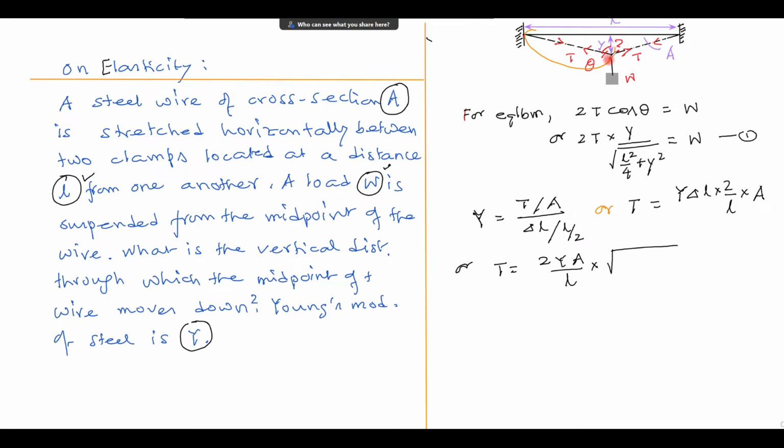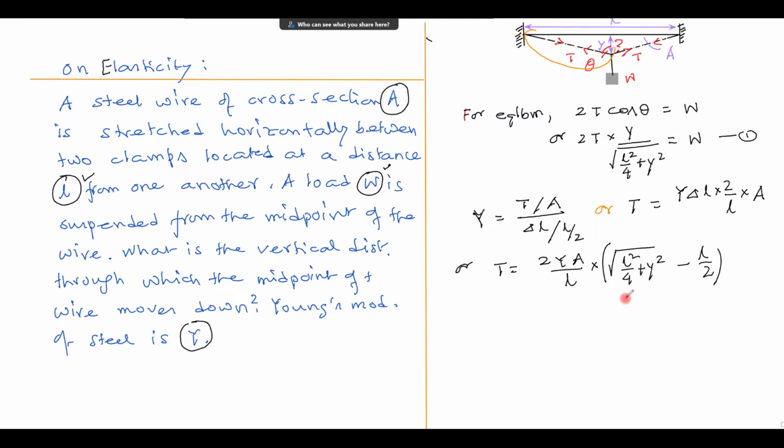Increase in length equal to root over L square by 4 plus y square minus L by 2. So hypotenuse minus initial length. Hypotenuse is root over L square by 4 plus y square, minus initial length. Is it okay?